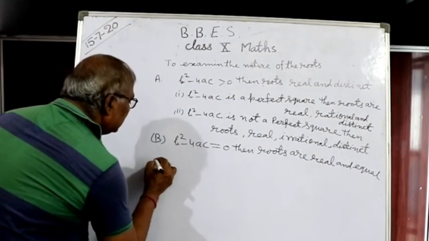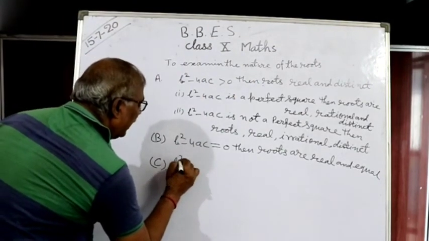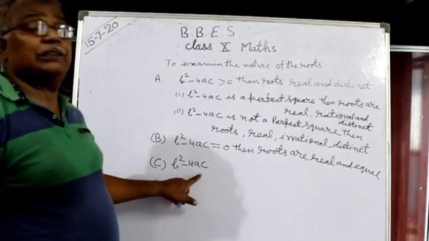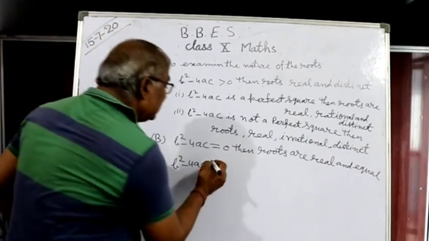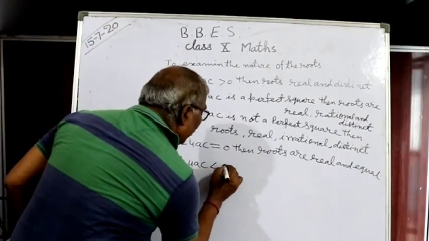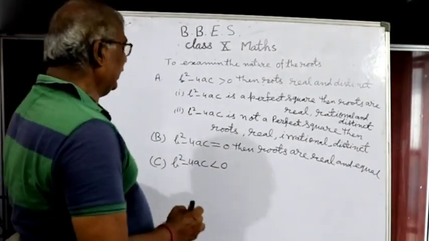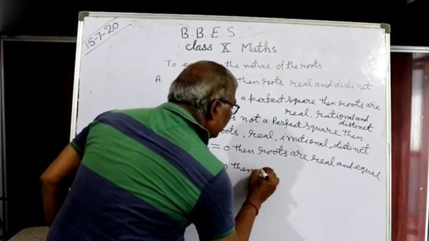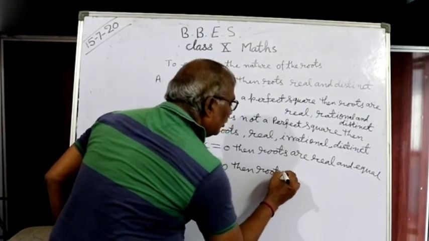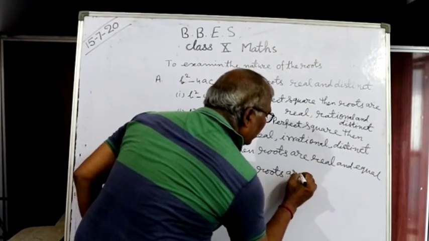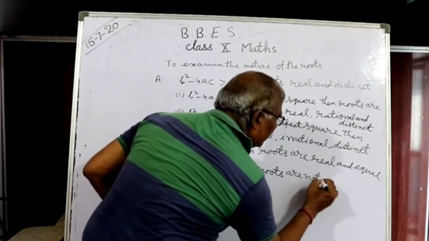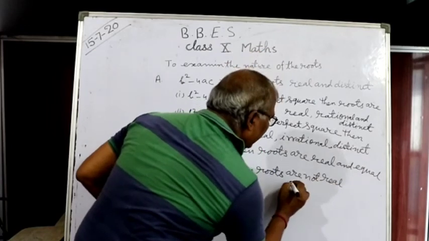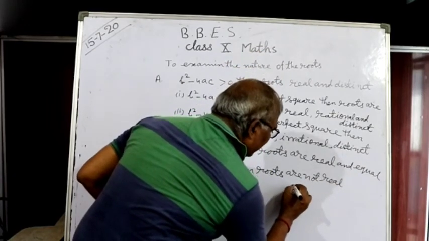Third case, if b square minus 4ac is negative, that is b square minus 4ac is less than 0, then the roots are not real. It is imaginary.